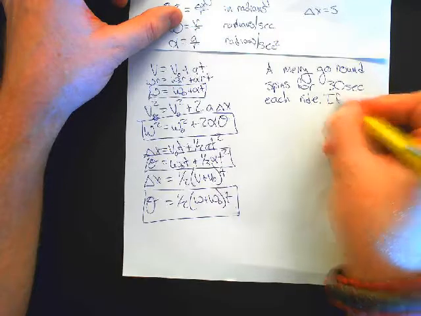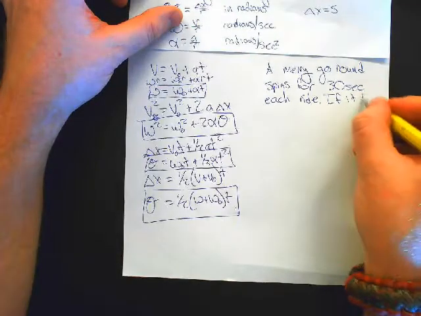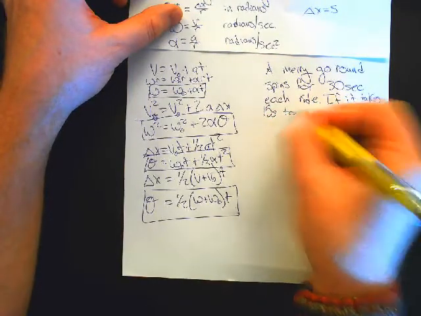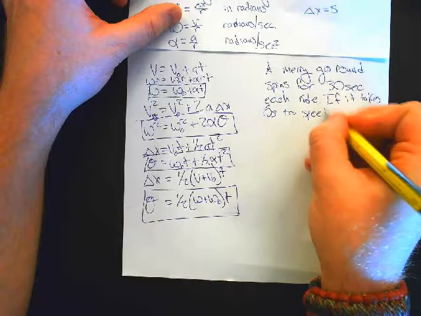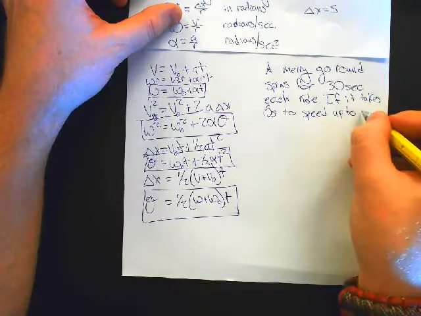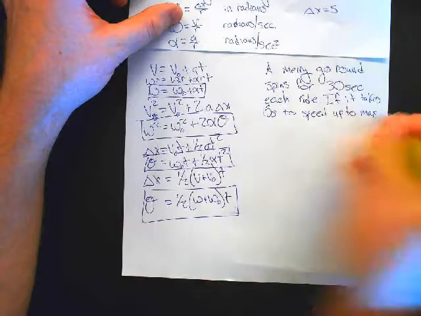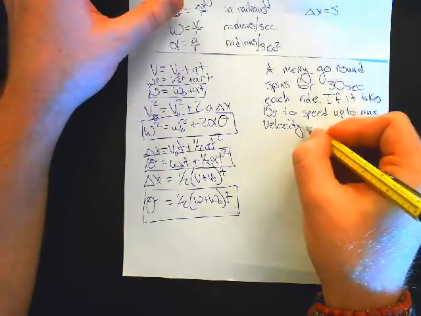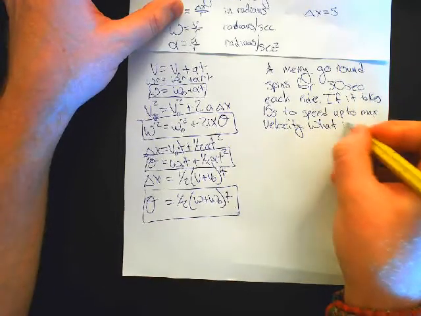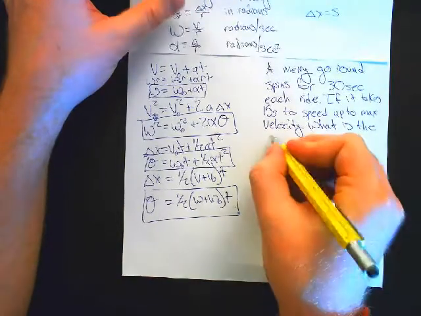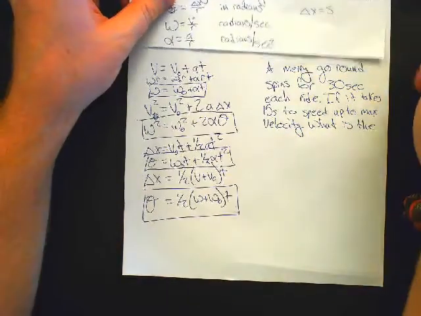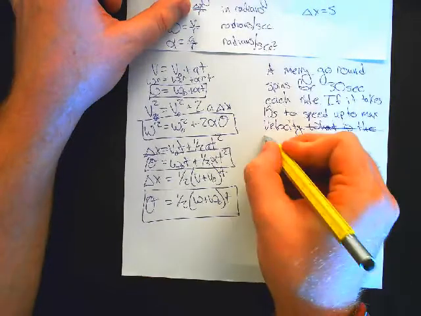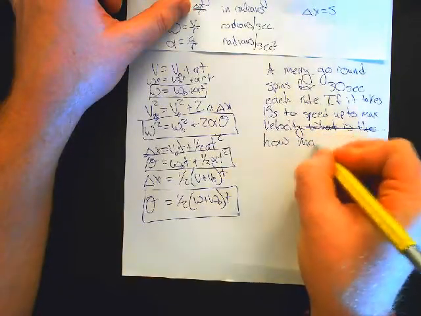If it takes 15 seconds to speed up to max speed or max velocity, how many times does it rotate?